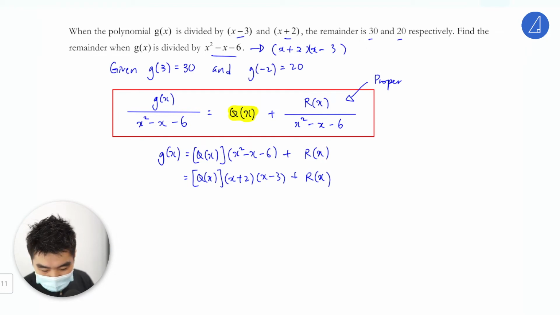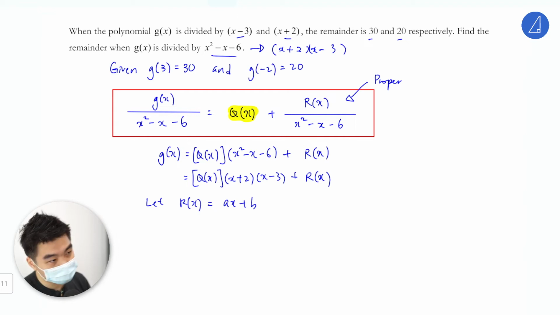So meaning to say, you can let r(x) be equal to ax plus b. Why not ax squared plus bx plus c? Because then your degree will be same as your denominator. Not acceptable, is improper. Why not just a over x squared minus x minus 6?